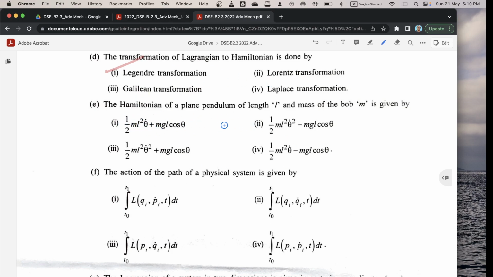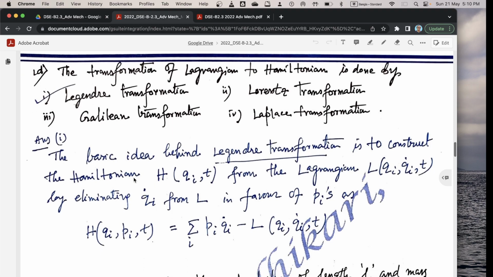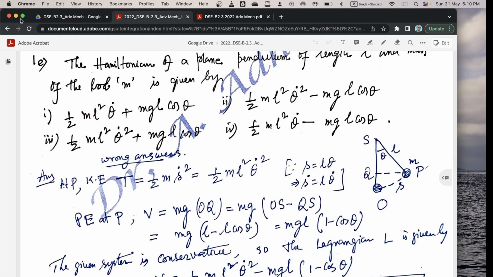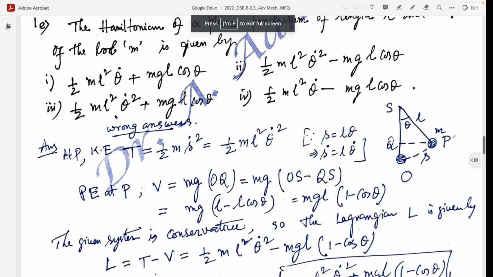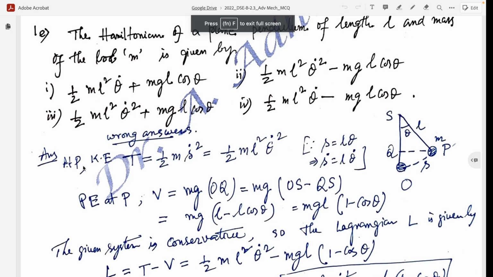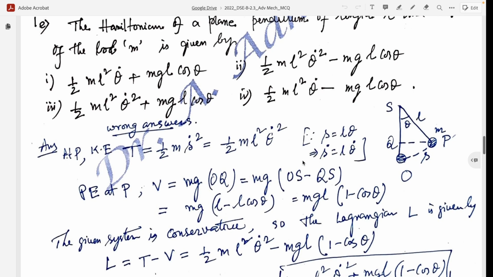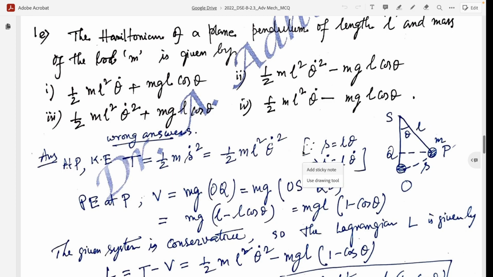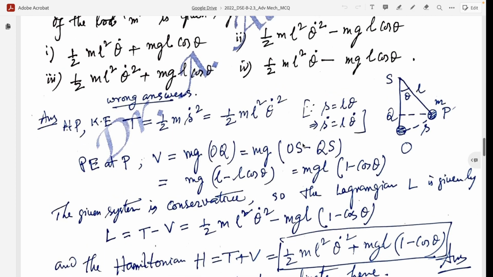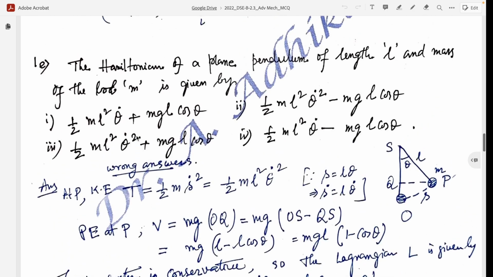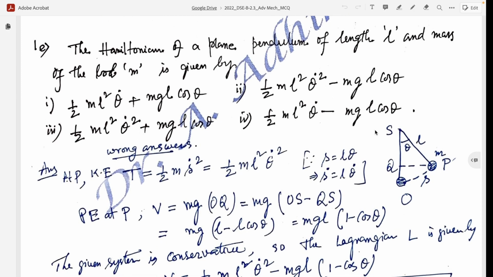There is no correct answer here, because of the kinetic energy. Here, the pendulum has length L and mass small m.